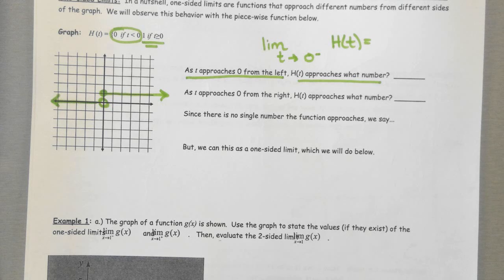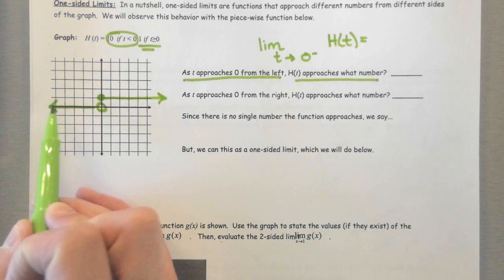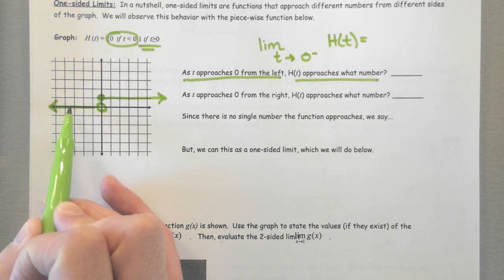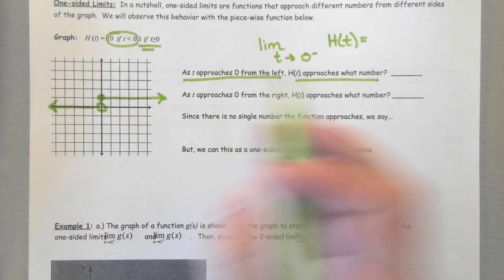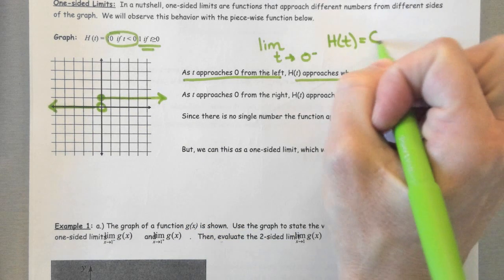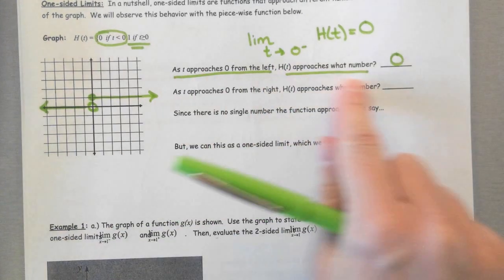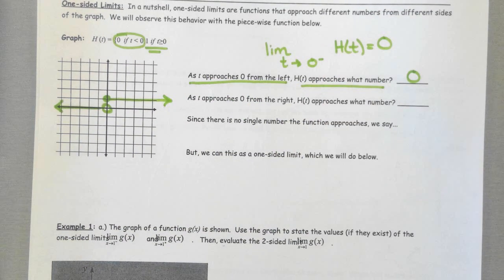If I'm approaching from the left, what y value am I approaching? 0. As I head toward 0 in terms of x, what y value am I heading toward? Also 0. So again, this is written out in words. This is written out in math talk. Be prepared to see it either way.